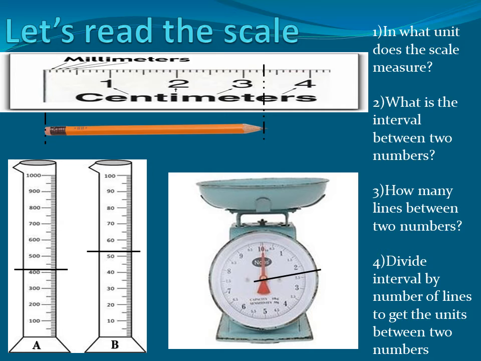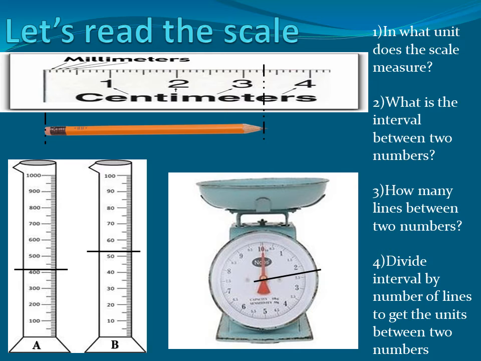So for our measurements, we'll be adding additional 1 units. That means all the tiny lines in between represent 1 unit. For our ruler, it was 0.1 units we were adding. In test tube A, we were adding 10.